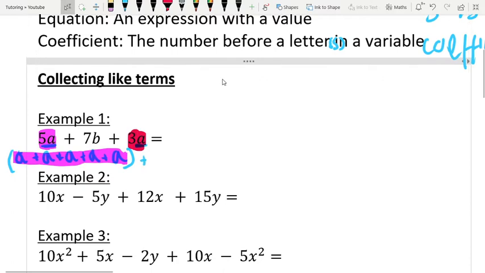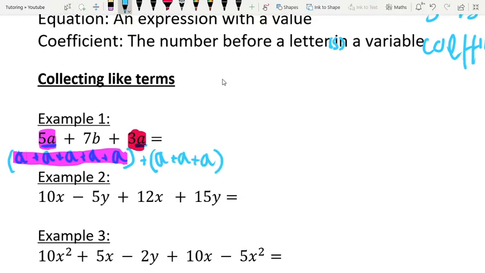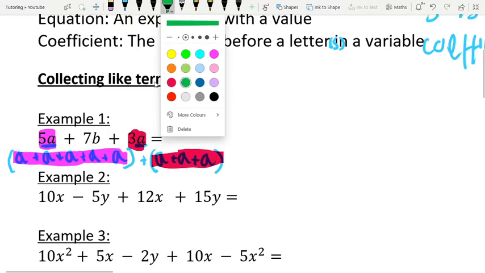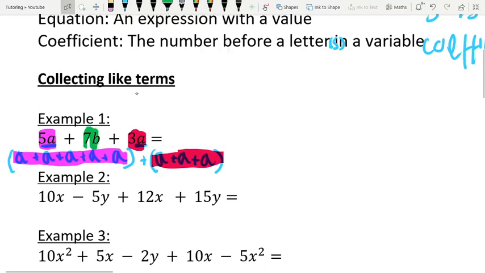There's 3 times a, so there's a plus a plus a. Let's highlight that in red, so you've got your 3 a's there and your 5 a's there, and finally we've got our 7 b's, so we can write this on the end are 7 b's.